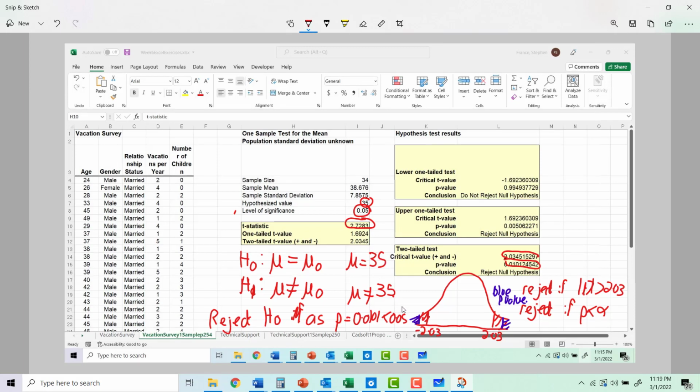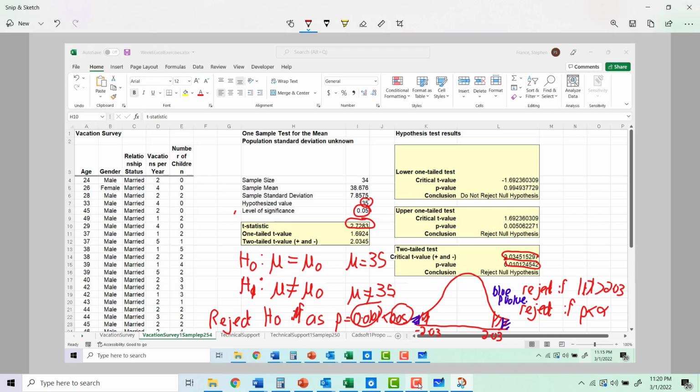Key here: you have your level of significance, your p-value is less than it, so I reject H0. My conclusion is, and we're positive here, the sample mean is 38 and we're testing 35. So I have evidence that the mean is different from 35, and based on my data values, it's probably somewhere greater than 35.